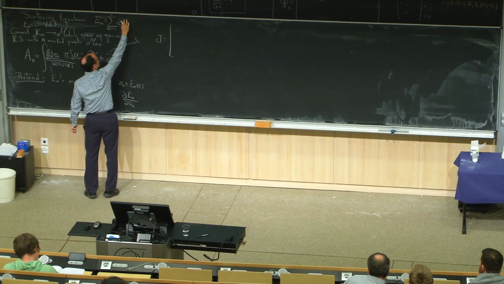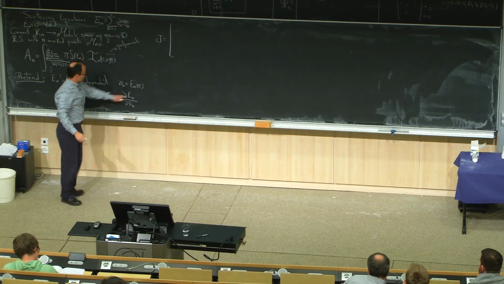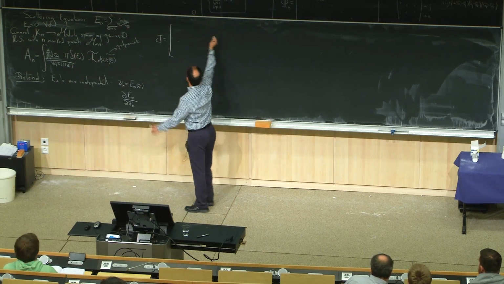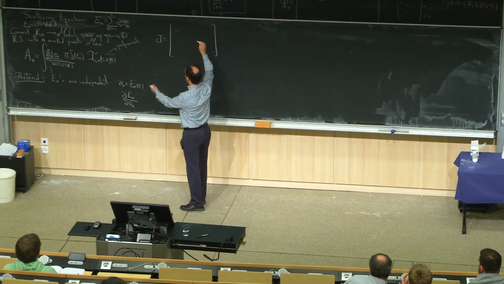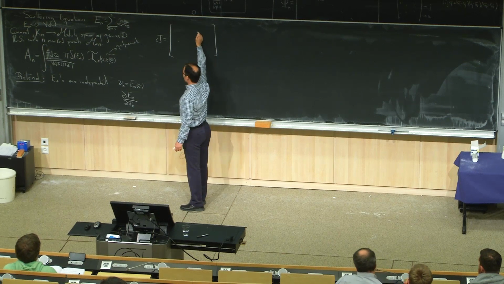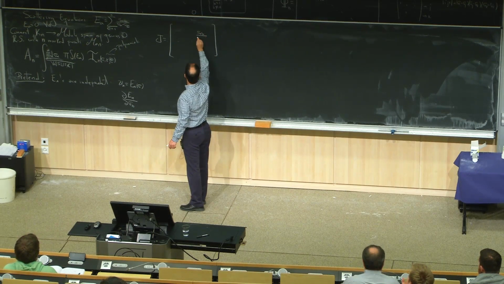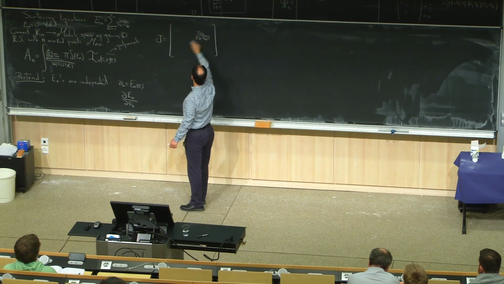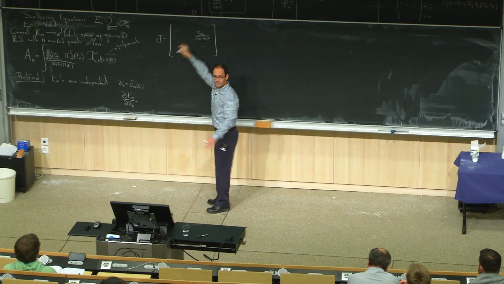This is just a dummy index. So when I do that, I get a matrix that generically has as elements s_AB over sigma_A, sigma_B squared. Okay, that's the generic element here.